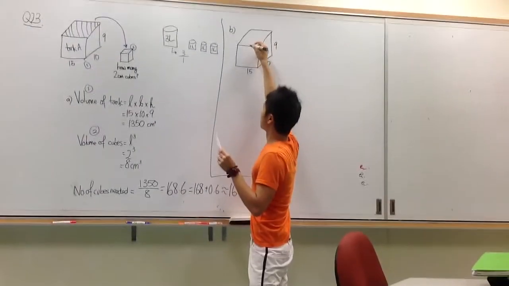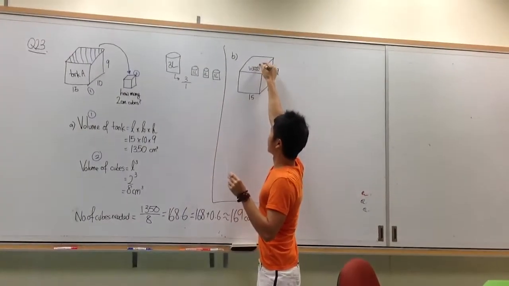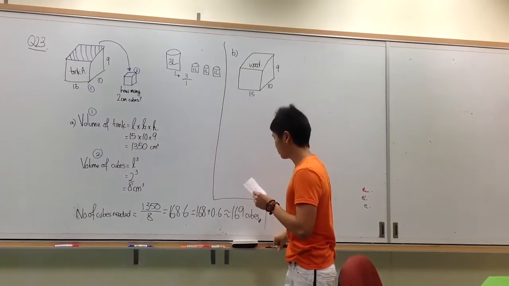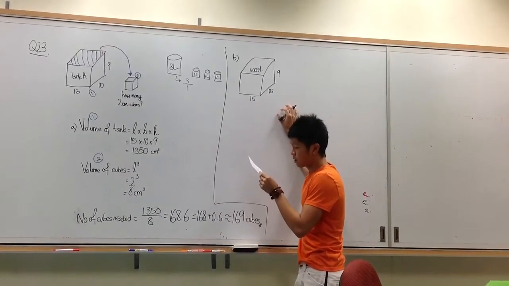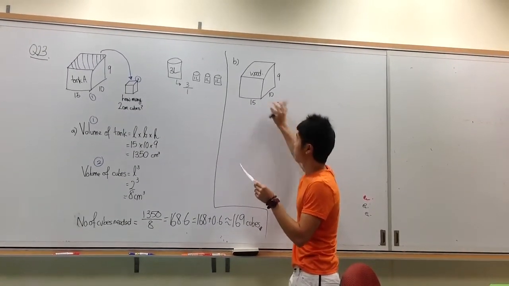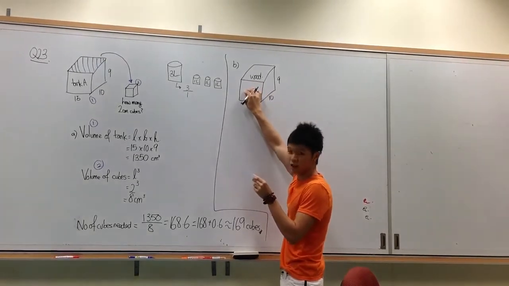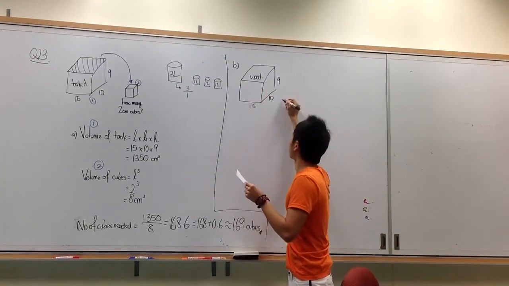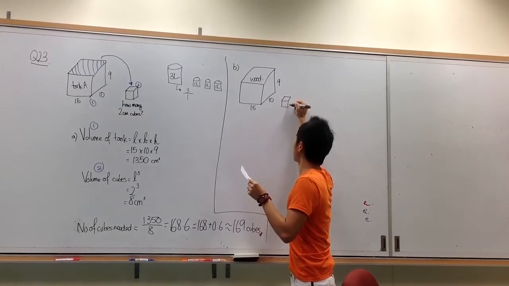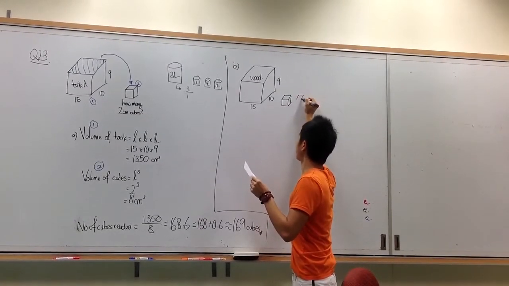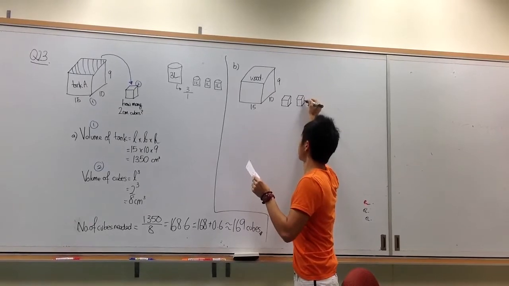But now this thing is wood. And they ask, a carpenter wants to cut as many 2 cm cubes from this block of wood. So how many of such cubes can be cut from B?